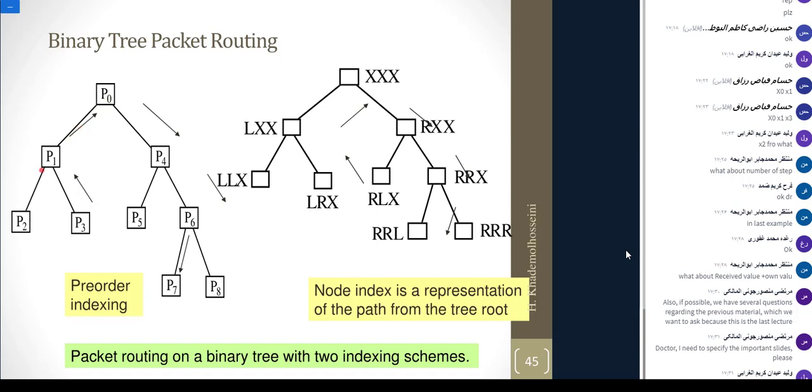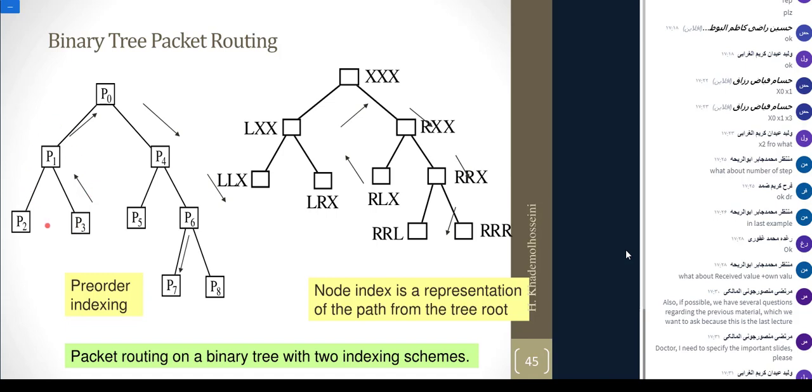Then we go to the root of the left subtree. What is the root of the left subtree? This one. We name it P1. Then we go again to the left. We name it P2. After the left subtree, we can go to the right subtree, P3.